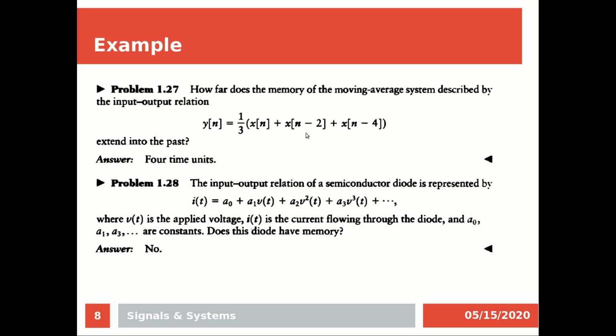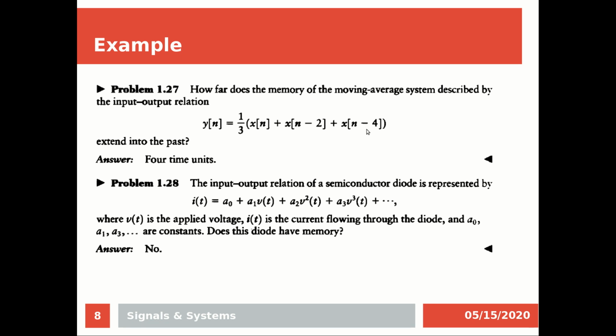Then how deeply do I go into the past that I save? For example, 2 here: I return back 2 values of x in the past, and I save them in the memory, because the system is actually a device that you have in your hand. So here I return back by 2, and here I return back by 4. So this is the farthest value that I saved about the input x.